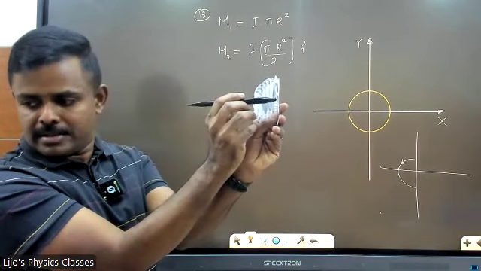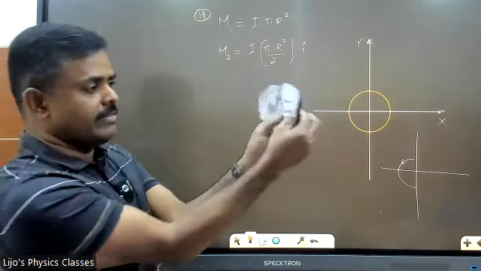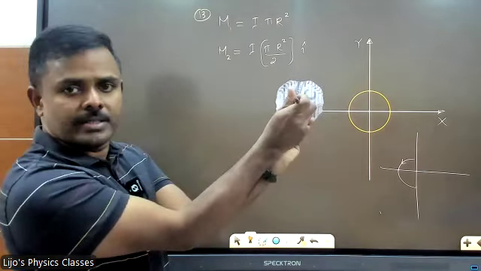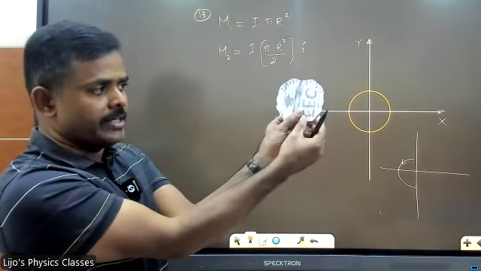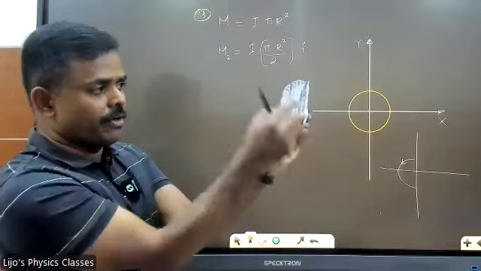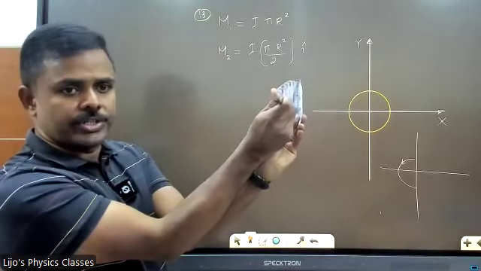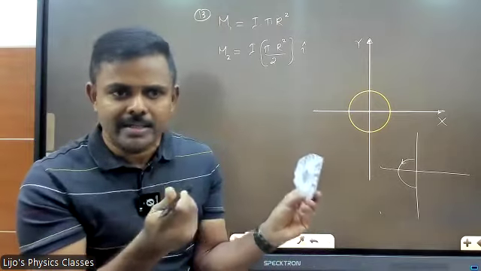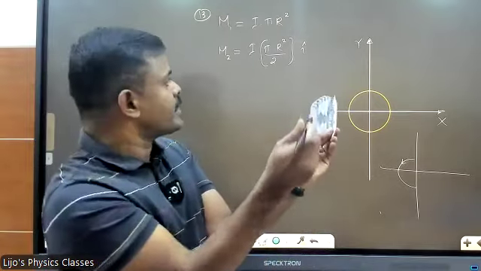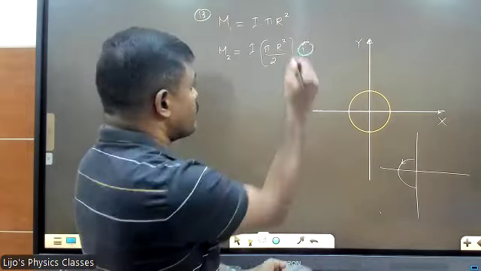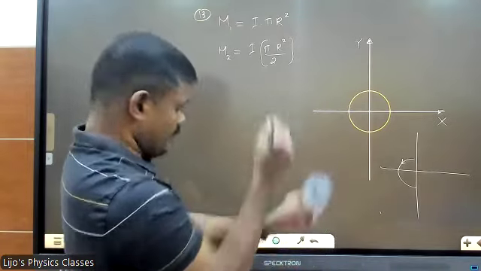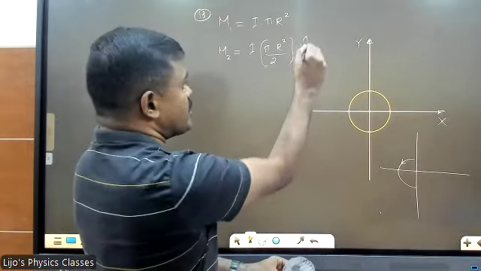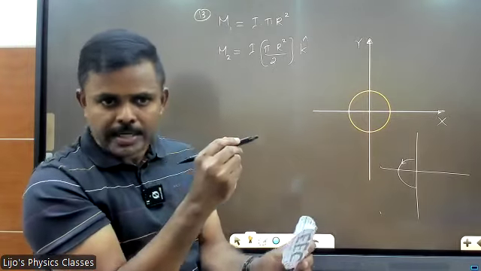Am I correct? When it is kept this way, the area vector is kept this way. But when you fold it in the middle like this, for this part, the area vector is towards you. The area vector is perpendicular to the surface, right? Towards you, outward, is called K cap, isn't it? K cap.